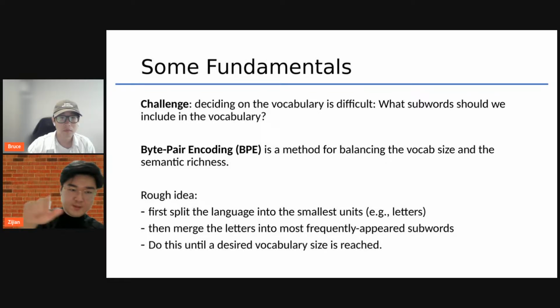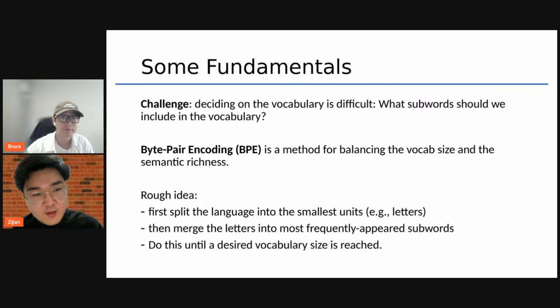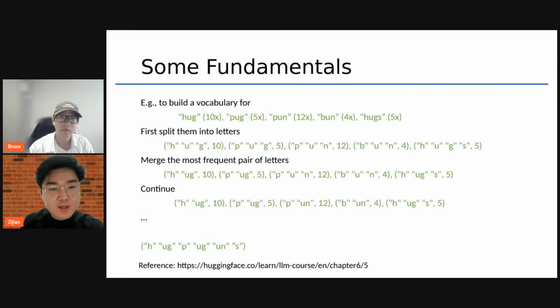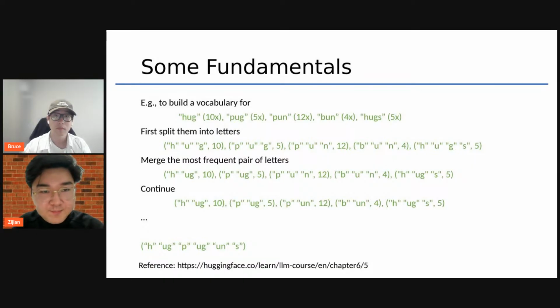And you just keep doing this kind of merging until you have a satisfactory number of subwords in your vocabulary. So here's an example. Let's say we have a language that consists of only five words: hug, pug, pun, bun, and hugs. And we want to construct a vocabulary out of this.